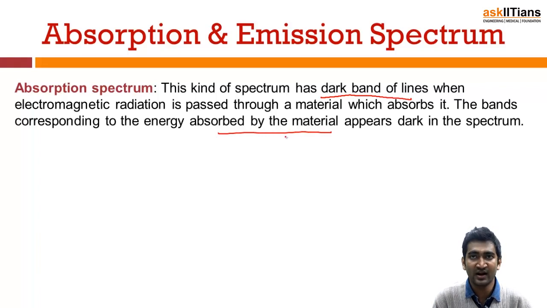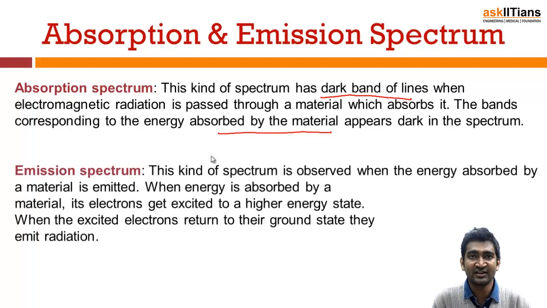Suppose you are providing energy and that energy gets absorbed, and then I get a pattern of light, which means I get a spectrum. That is known as the absorption spectrum. And we have the emission spectrum. Again, if the energy absorbed by the material is emitted, then we get an emission spectrum.